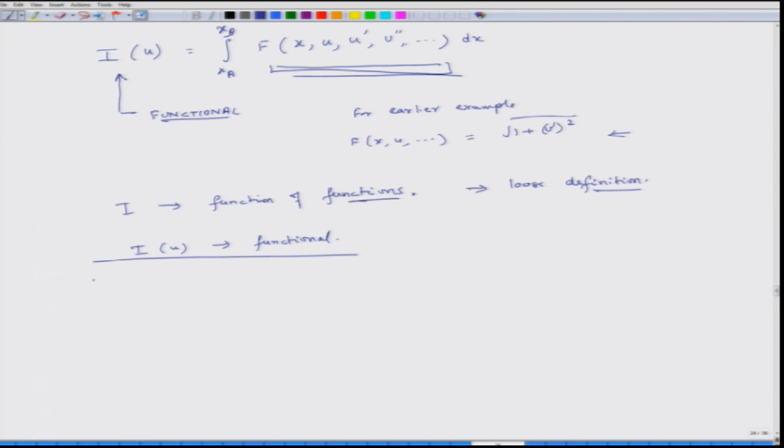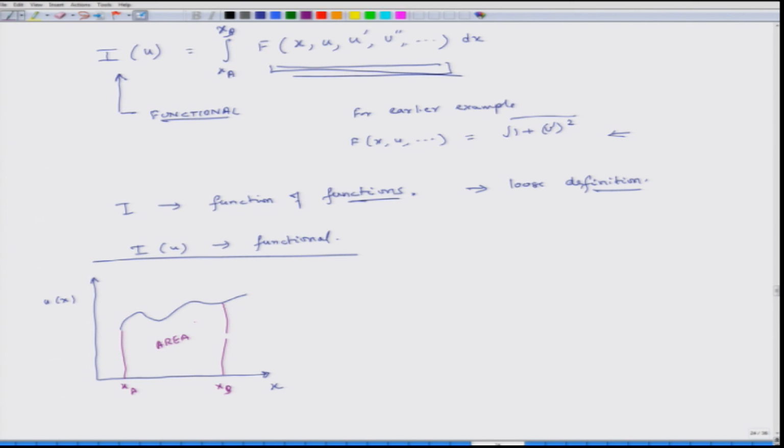Okay. Another example of functional. Suppose I am plotting here u(x), so some function, and on the x axis, this is the x axis, and suppose I am interested in finding this area. So, this is the area.